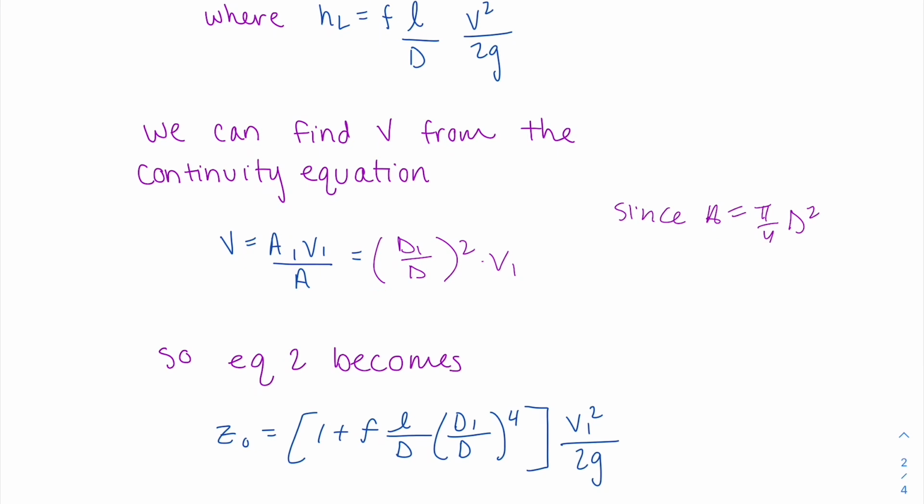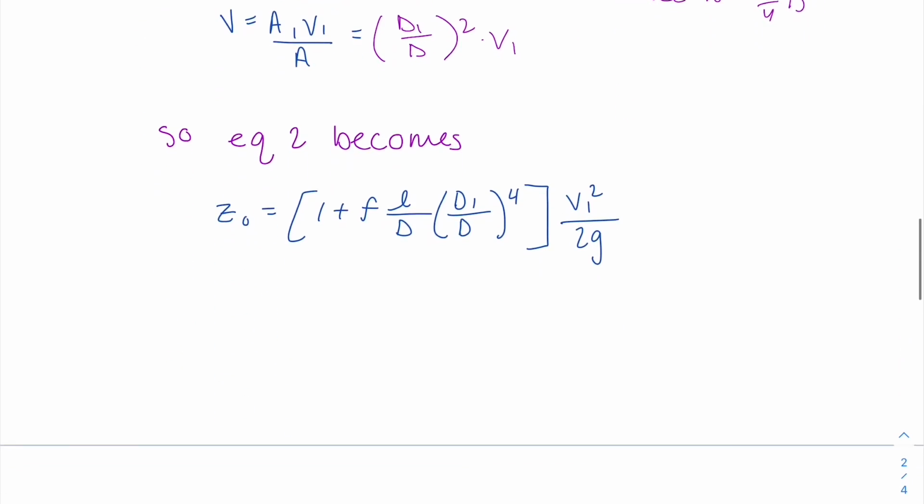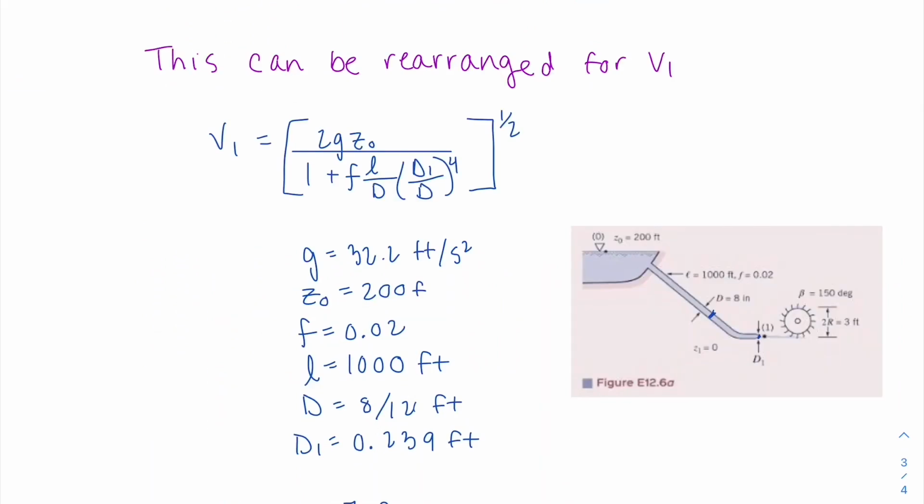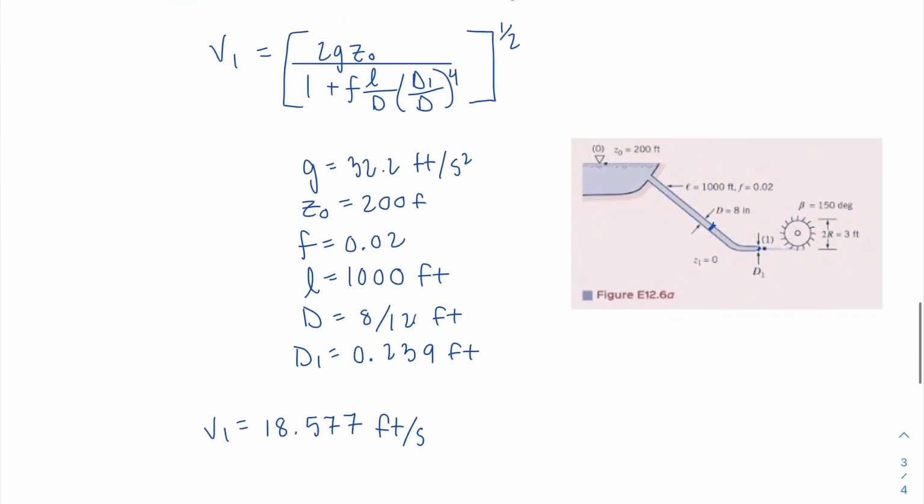Then we plug this expression into equation 2, and equation 2 becomes Z0 equal to 1 plus the friction coefficient times L over D times the ratio of the diameters times V1 squared over 2g. This equation can then be rearranged for V1, and I got 18.577 feet per second.